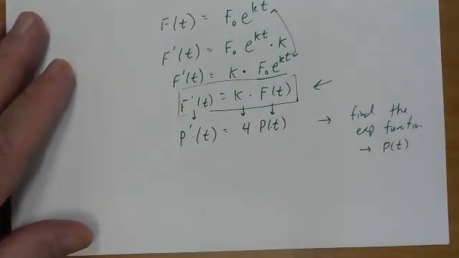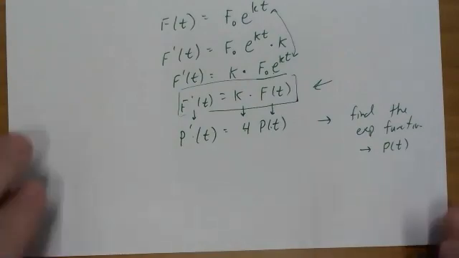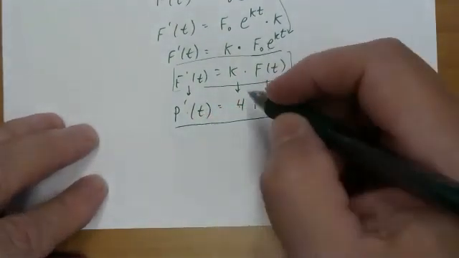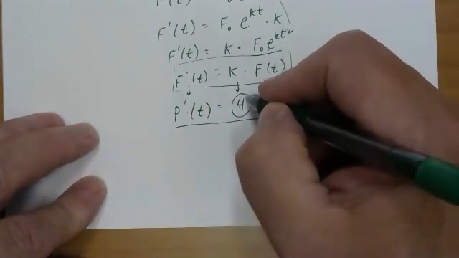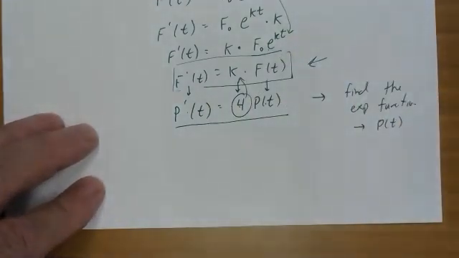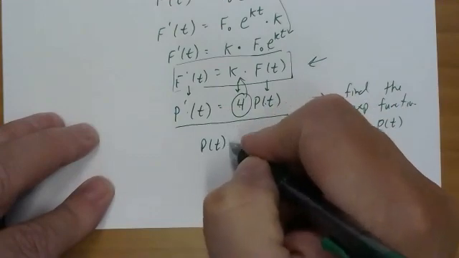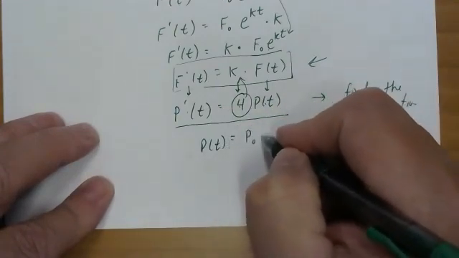And the whole key is, if I can summarize it, and if you understand this part, then you've got what you need. When you're given this kind of a function, the most important thing to know is that that number there is going to be the k. And I'm going to write my standard exponential function.